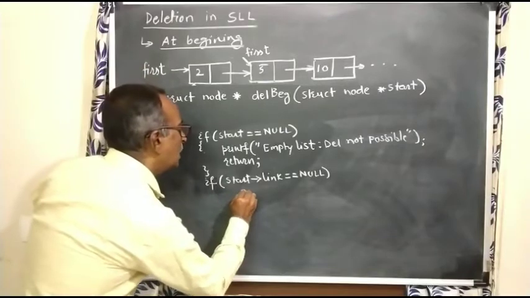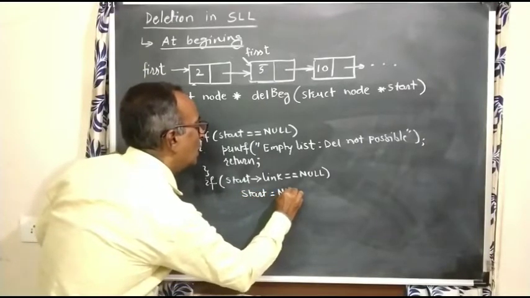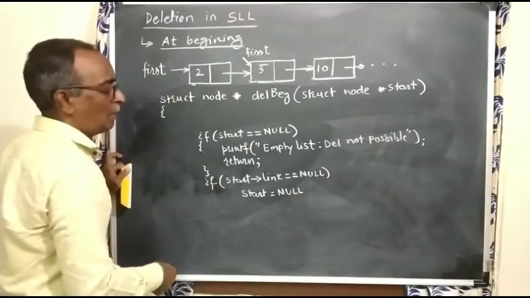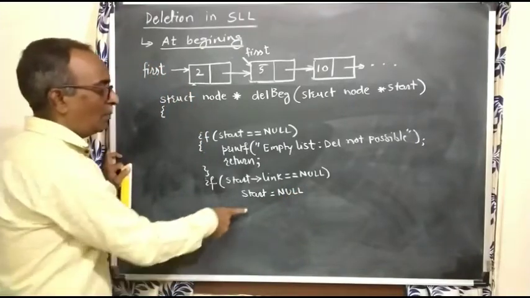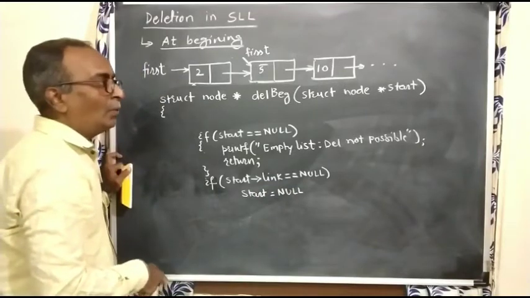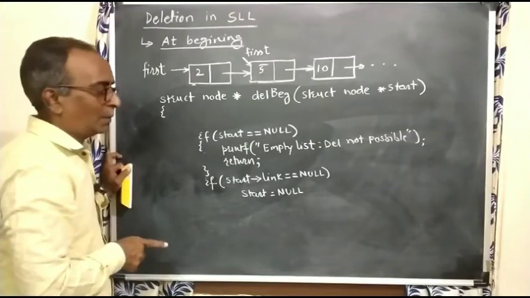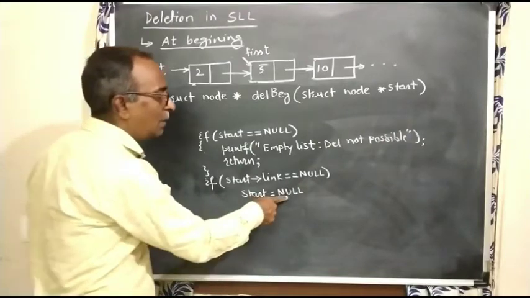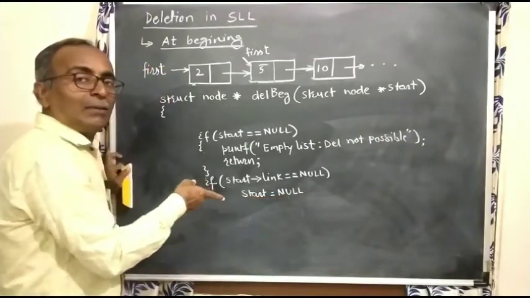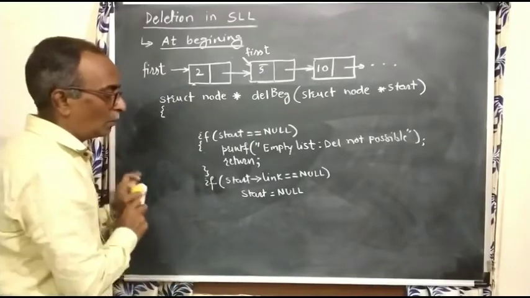So start is set to null. But before that, as I said, when start is being set to null, you have to free the memory pointed to by start. If start is given null first, then you cannot free that node.